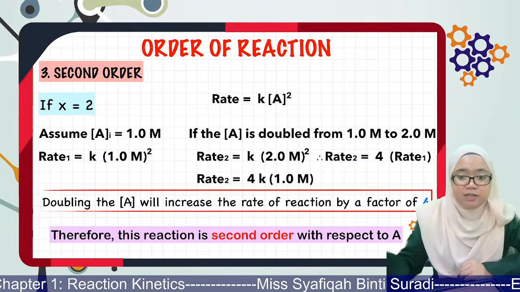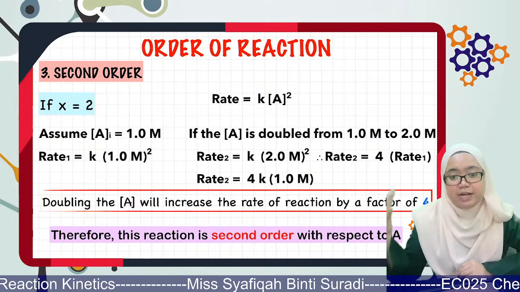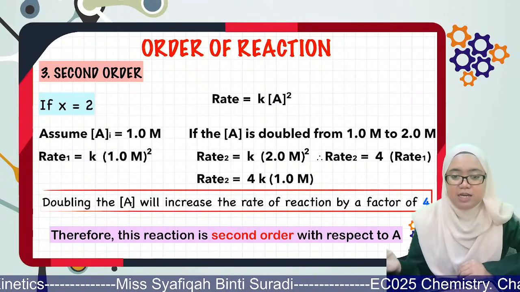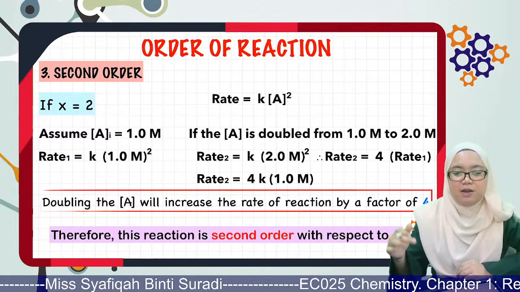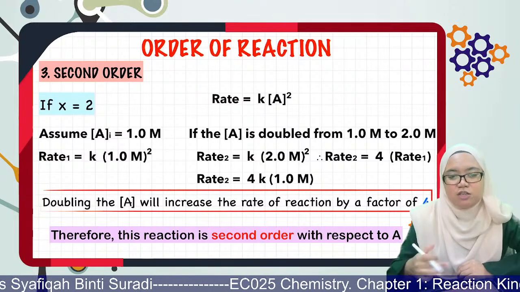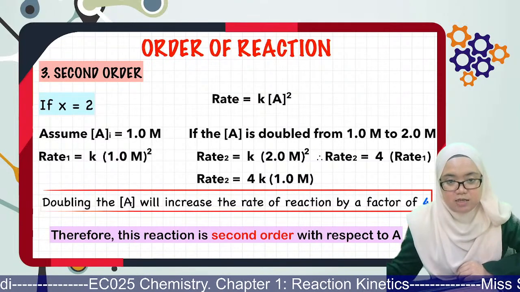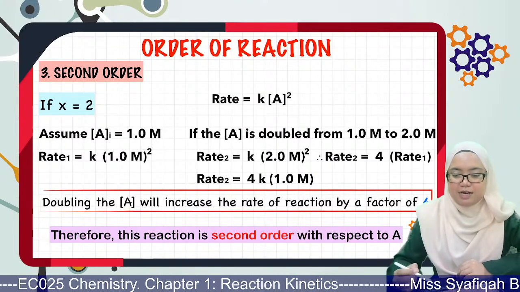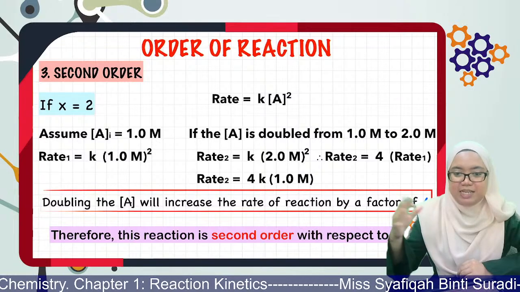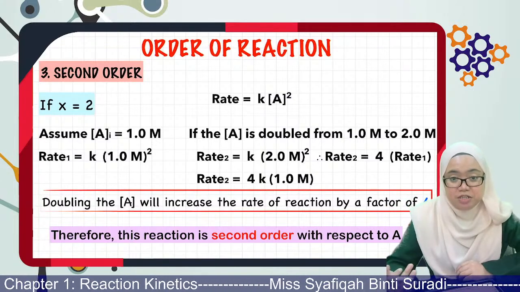Okay, if we triple, it will increase by a factor of 9, which is 3 squared. Okay, if we increase our concentration by 4 times, our rate will be 4 squared, which is a 16 times increase.